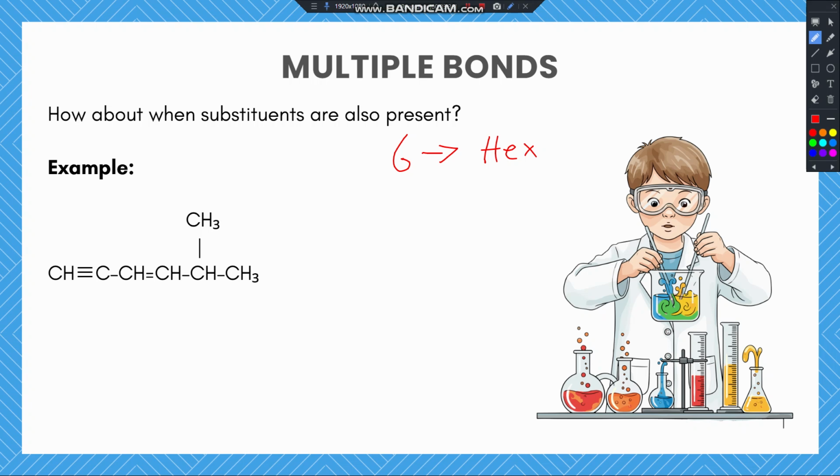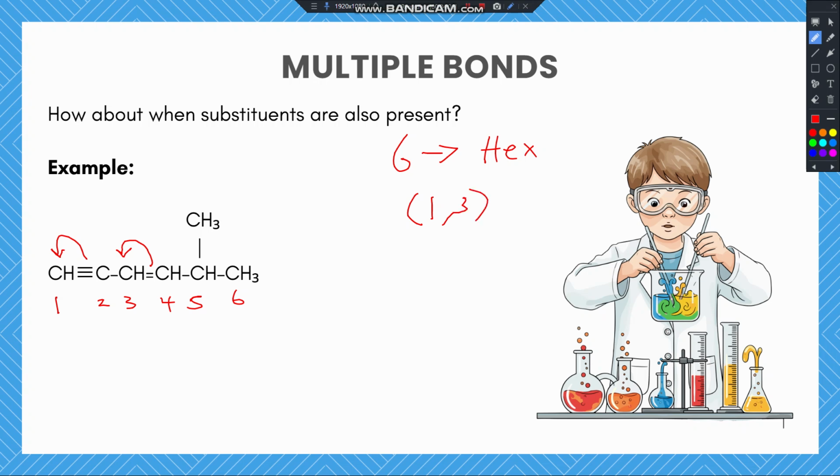Now the next thing to do would be to identify the position of the multiple bonds. If we count from left to right, 1, 2, 3, 4, 5, 6. This triple bond is located on carbon number 1 and the double bond is located on carbon number 3. That gives us a set of numbers 1, 3.